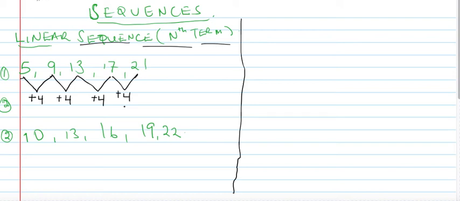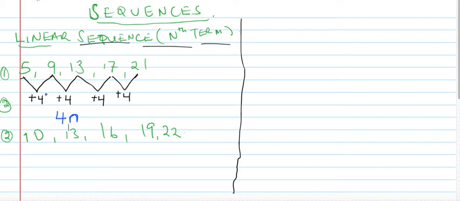Now if I want to get the nth term, first of all you look at the rule, write it down, and put an n beside it. So 4 times n is always the first step.